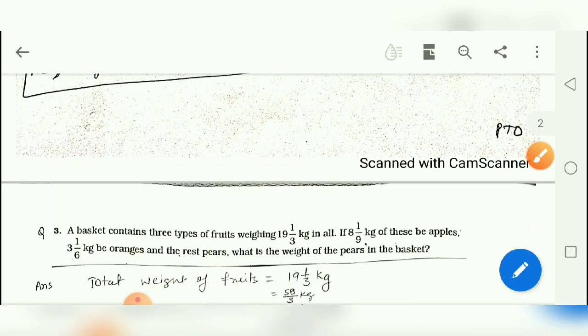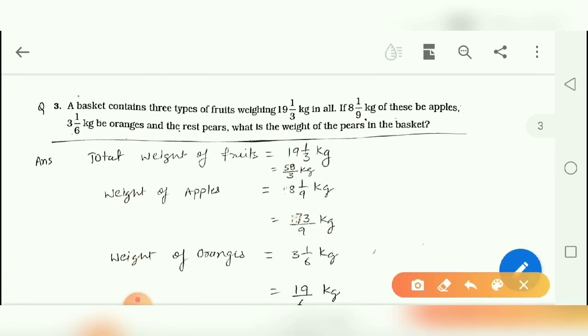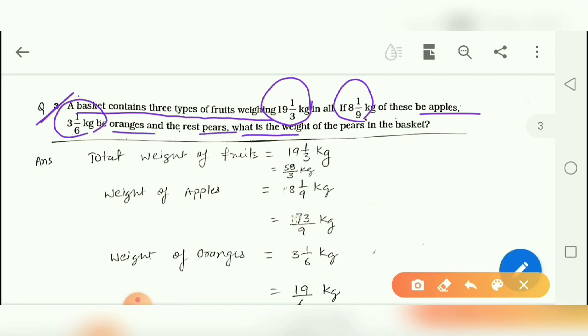Now the next question is question number 3. The basket contains 3 types of fruit. There are 3 types of fruits in a basket, and the total weight is 19 1/3 kg, and out of that 8 1/9 kg are apples and 3 1/6 are oranges, the rest are pears, and we have to find out the weight of the pears in the basket.